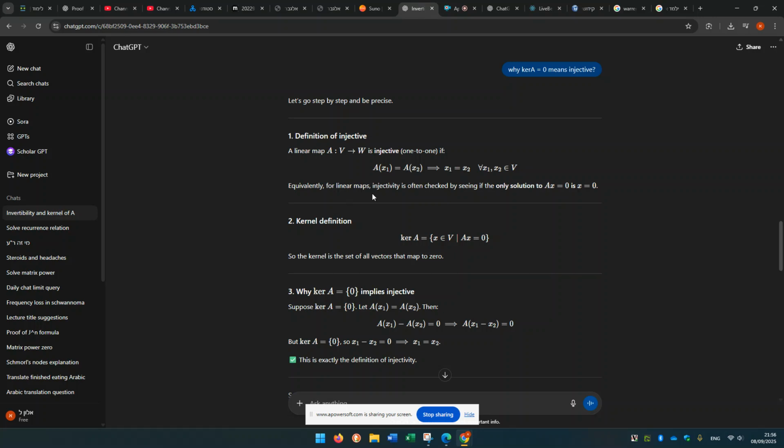It's like in functions when you say that f(x1) equals f(x2) means that x1 equals x2. This is exactly the definition of being one-to-one, namely injective.